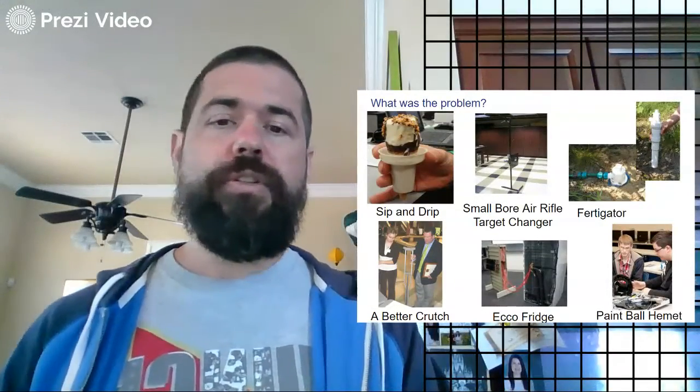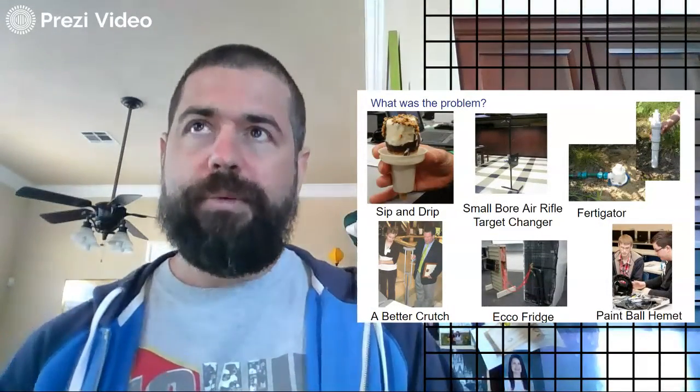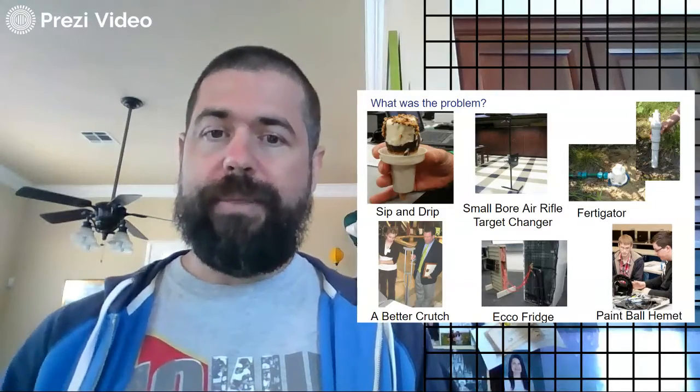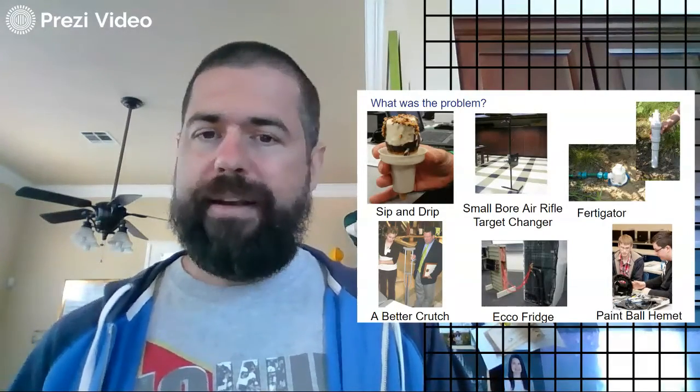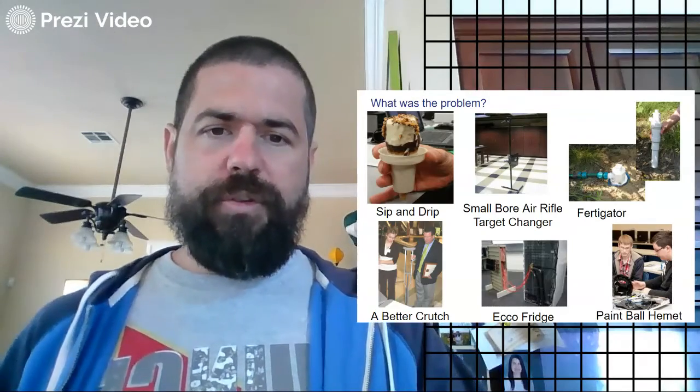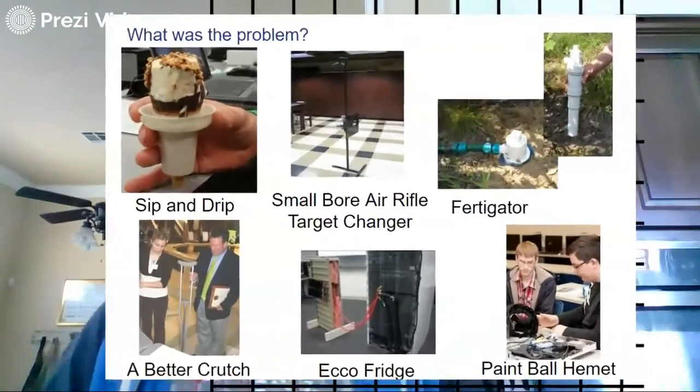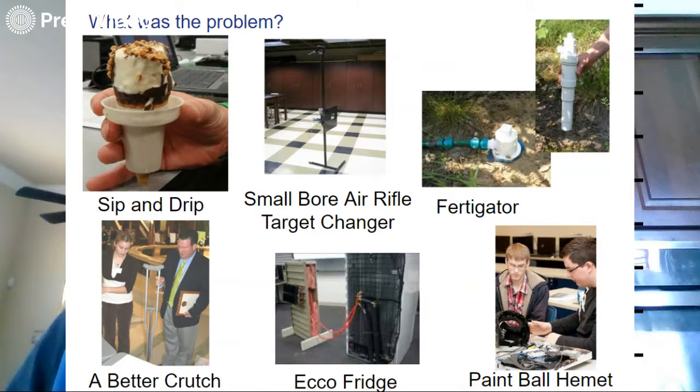I also wanted to just show you some examples. So these are examples of projects from EDD, which is the senior level course at various schools. So I'll just go through and we can take a look at some. As we look at these, you can think about what was the problem they were trying to solve. So you see the first one top left there, sip and drip, right?